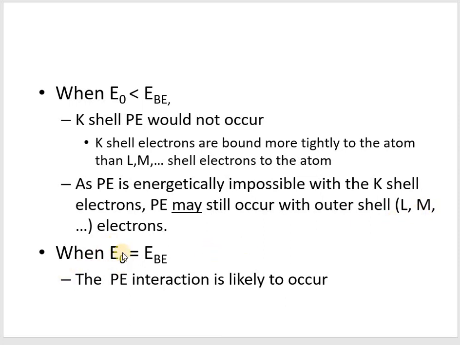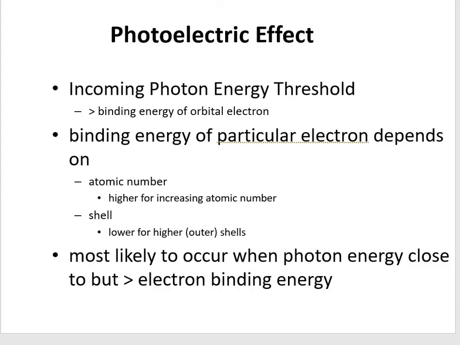When the energy of the incoming photon is close or equal to the binding energy of the K shell electron, the electron may be ejected, or there'll be a probability for photoelectric interaction to occur. So the threshold is the binding energy itself, and the binding energy is directly proportional to Z squared.